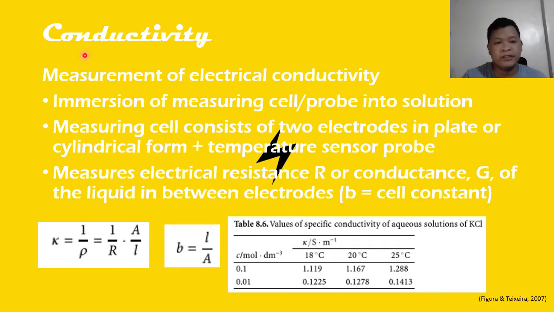As you recall from the video earlier on the measurement of electrical conductivity, actually yung pH meter mo could be used to measure conductivity as well, no? Kung nakikita nyo doon, meron siyang mode of measurement na hindi lang pH. So again, you're mostly familiar with that. You immerse the probe into your solution, and the probe has a positive and negative electrode, and then also usually some sort of temperature sensor either built into the probe or as a separate probe.